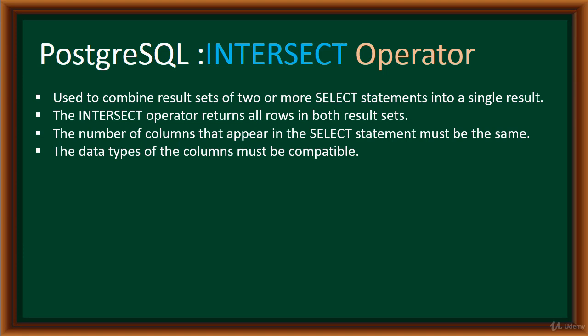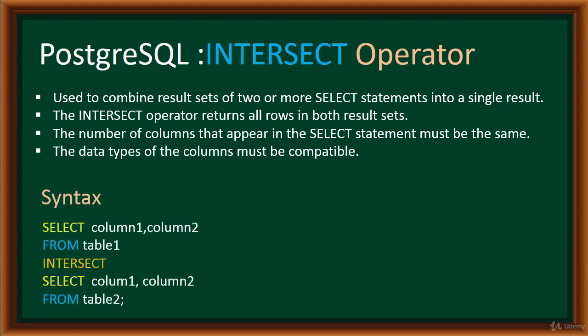Let's have a look at the syntax, or how you would implement an INTERSECT operator. So this is the syntax, quite straightforward. You start by specifying the first select statement and you specify the columns you are going to use from that first statement.